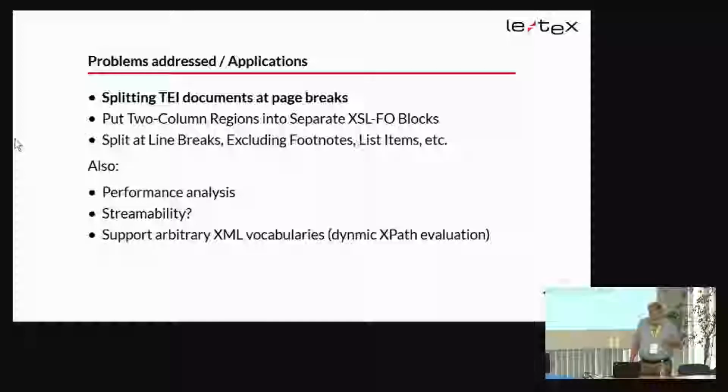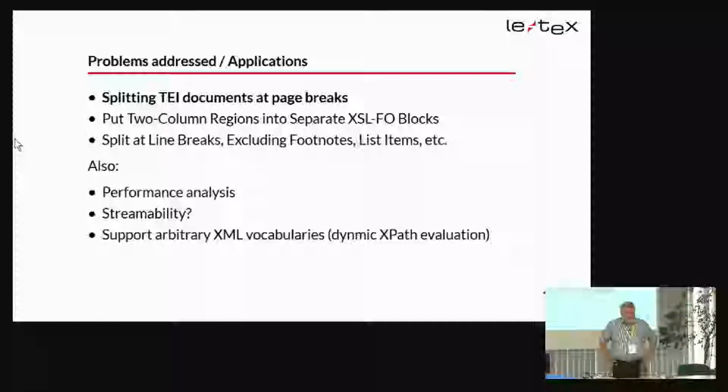Because the question arose on XSL list when I was dealing with the page break splitting scenario 4 or 5 years ago. The question arose whether this solution is also streamable. Spoiler, it isn't.